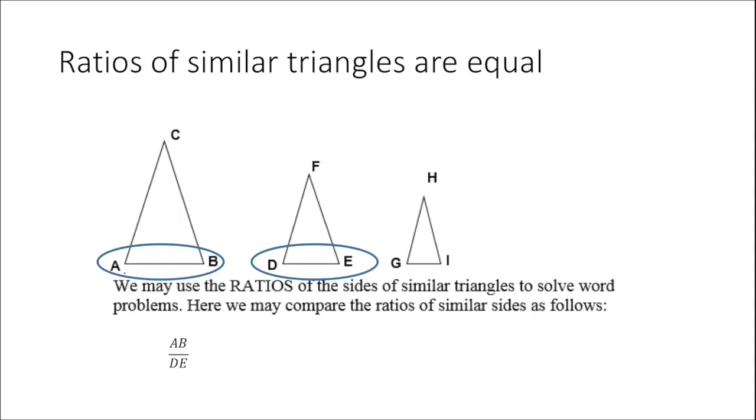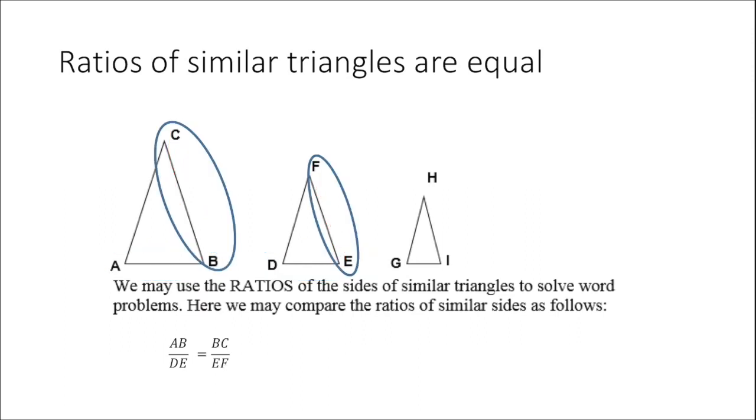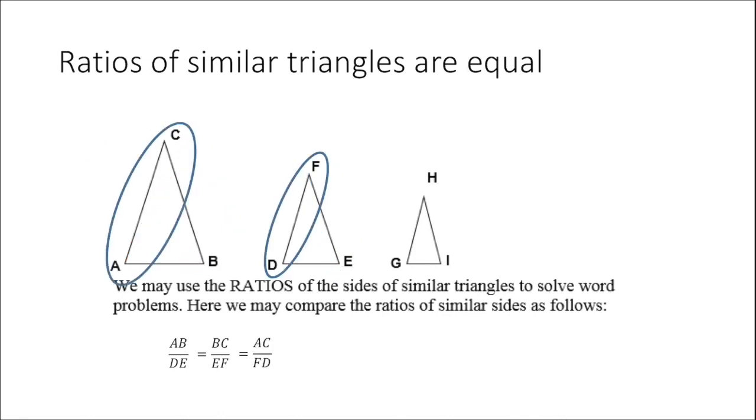So big side divided by small side is equal to this big side divided by that small side. They're the same. And that's equal to AC divided by DF, or FD, same thing. All these ratios are the same. That means if I know two sides on one, and a corresponding side on the other, I can find the other sides.